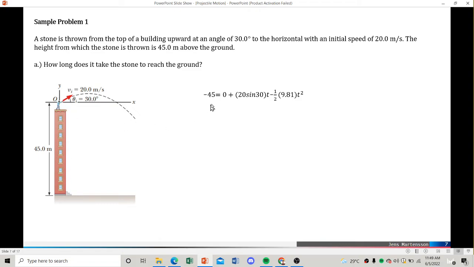So that is equal to 0 plus 20 sine 30 times time, minus 1 half g t squared. So our time is equal to 4.2152 seconds. That is how we calculate how long it takes to reach the ground. That is for sample problem number 1.